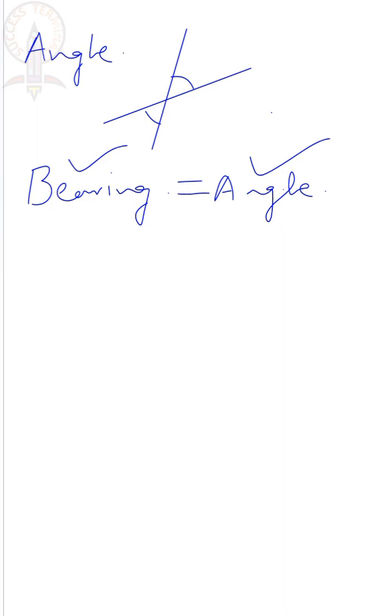Bearing may be of different types. Suppose you are talking about a straight line, or a closed traverse, there may be full circle bearing. Suppose this is a line, and this is the next line.